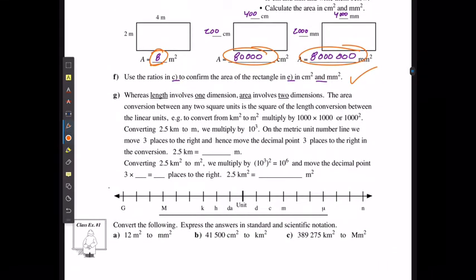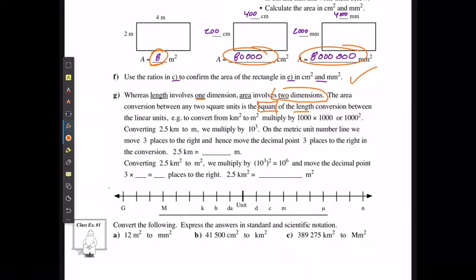Whereas length involves one dimension, area is dealing with 2 dimensions. So we need to account for the fact that we're changing not just one part, we're changing 2 parts. So the area conversions between any 2 square units is the square of the length conversion because we're adding it to both sides.